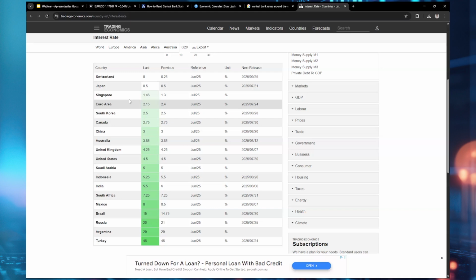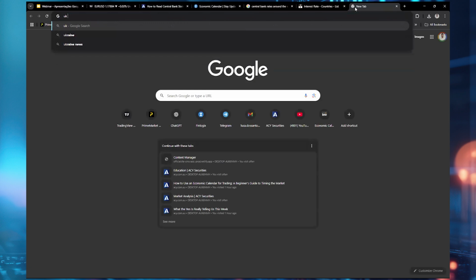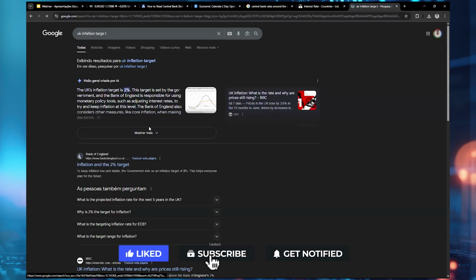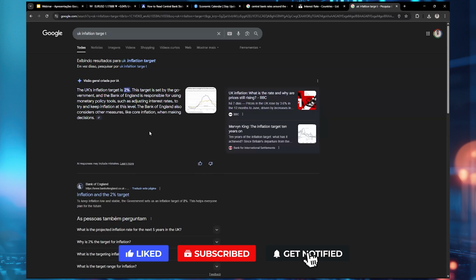And euro area was one of the first ones to start to cut, and then we got the United Kingdom. And look at United Kingdom at 4.25%. But it's very simple to understand why they're keeping the rates high, because UK inflation target is at 2% as well.